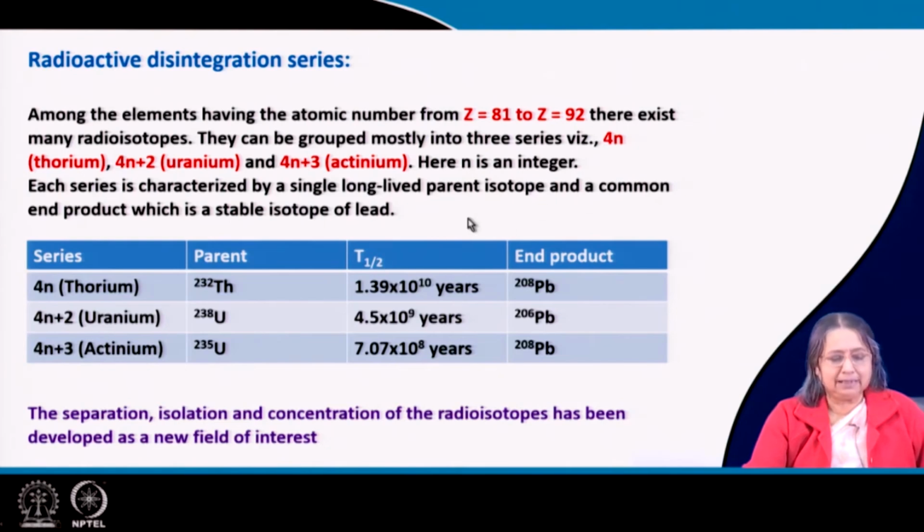It is also characterized by the T half, which I told you is a very characteristic thing for the radioactive elements. 1.39 into 10 to the 10 years is the half life for thorium, 4.5 into 10 to the 9 years is the half life for uranium 238, and 7.07 into 10 to the power 8 years is the half life for uranium 235. So, these are the three series.